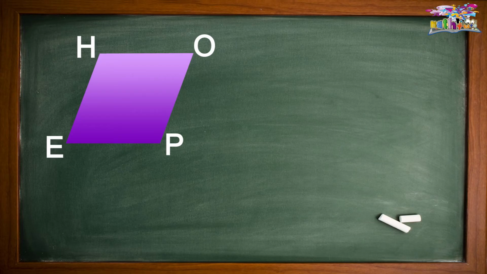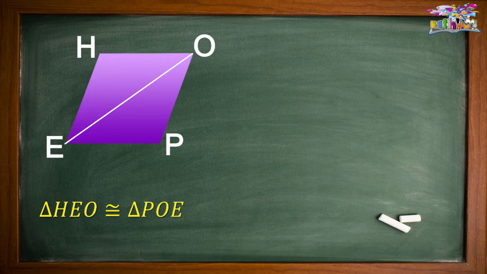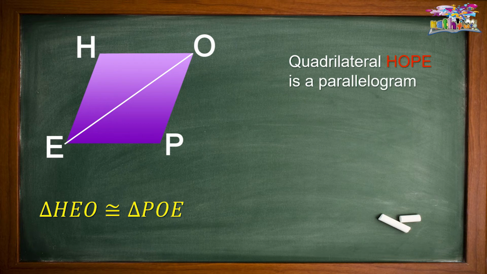In quadrilateral HOPE, if we draw diagonal OE and triangle HEO becomes congruent to triangle POE, then quadrilateral HOPE is a parallelogram. Those conditions make a quadrilateral a parallelogram.